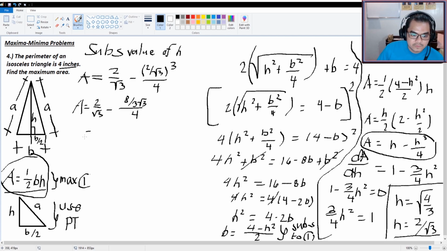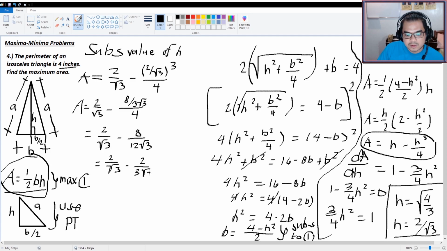Therefore you'll have 2 over square root of 3 minus 8 over, that's 3 times 4, so 12 square root of 3. We can still cancel this out, right? 8 over 12. So this is equal to 2 over square root of 3 minus, that is divisible by 4, right? That's 2 over 3 square root of 3.